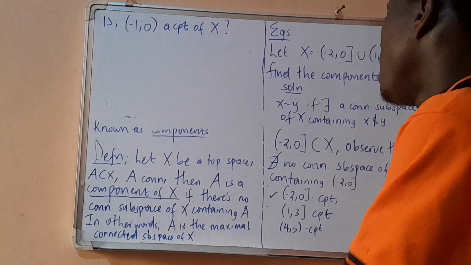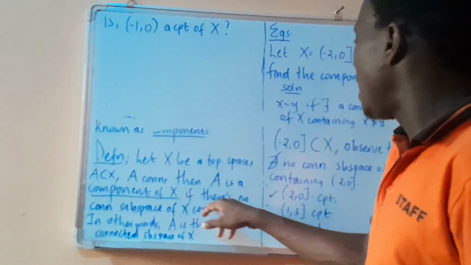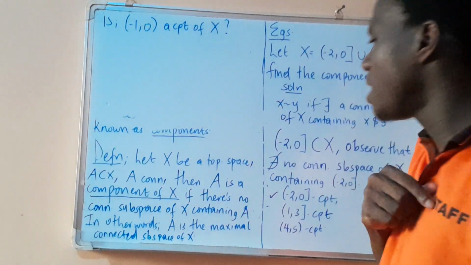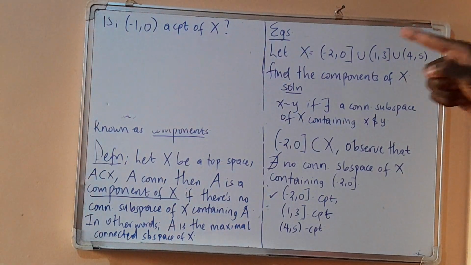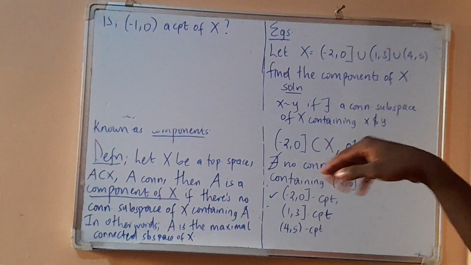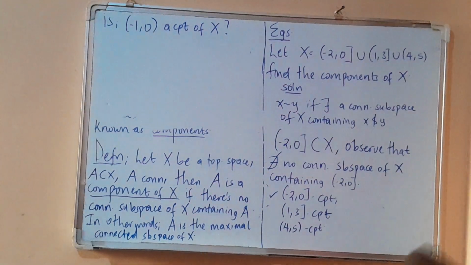It is connected. Then there exists no connected subspace of X containing that set. So we have to make sure that we have no connected subspace of X containing that.